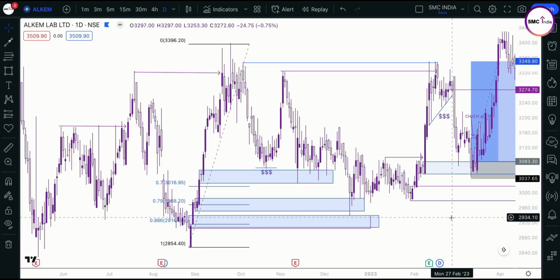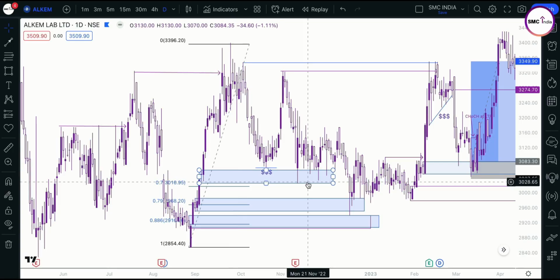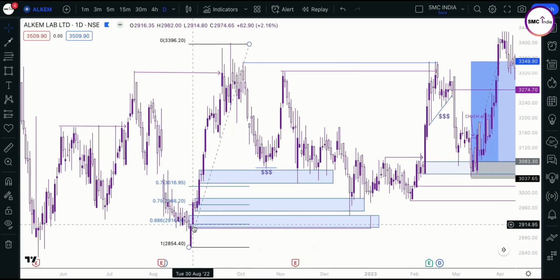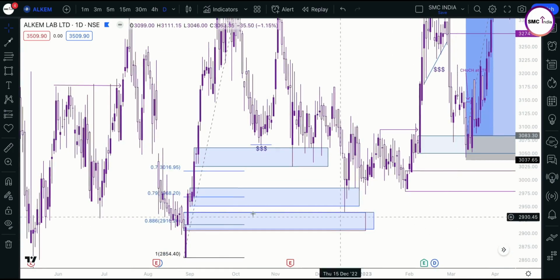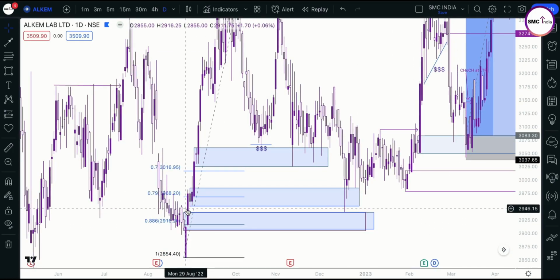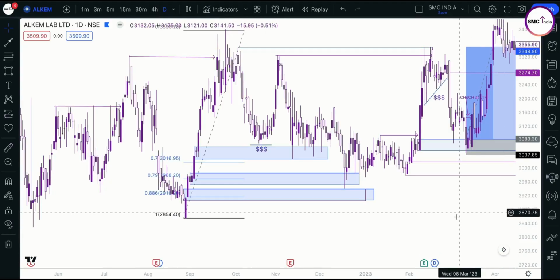And what does the price do? The price comes back to this order block, and it creates liquidity up here. You could clearly see that. The price grabs this liquidity and comes to this order block because there is a slight imbalance up here. It fills the imbalance, comes to this order block, and then shot up.